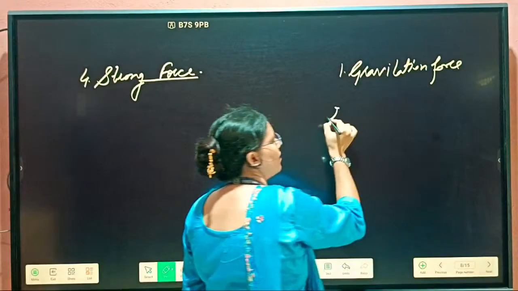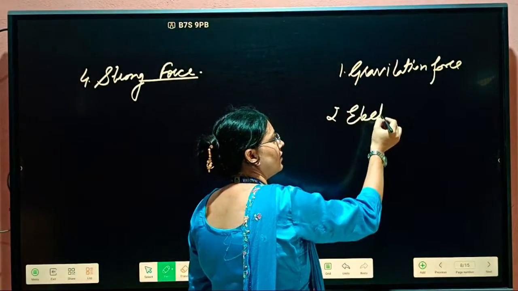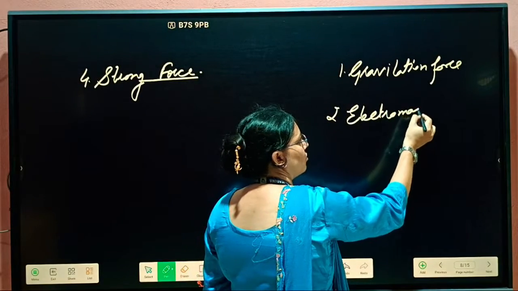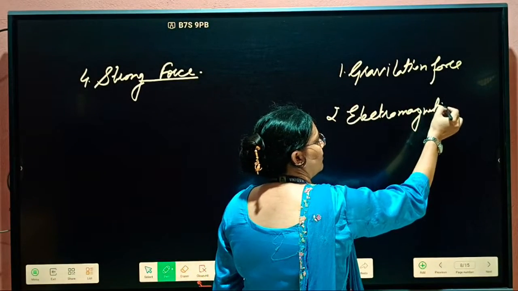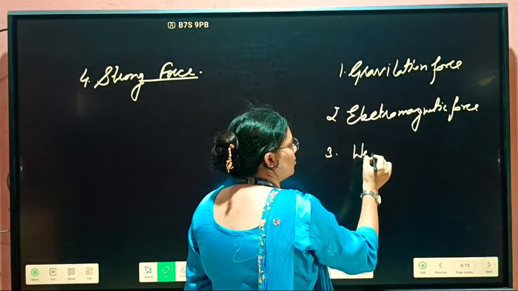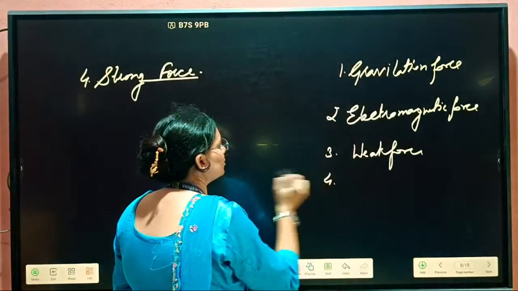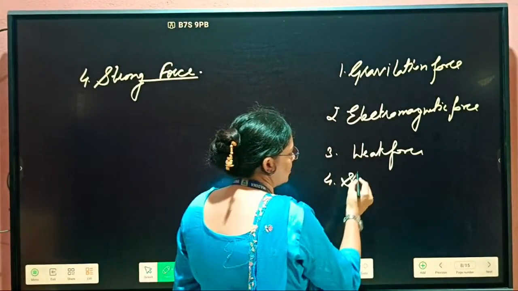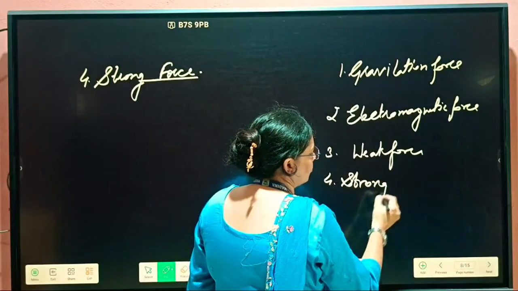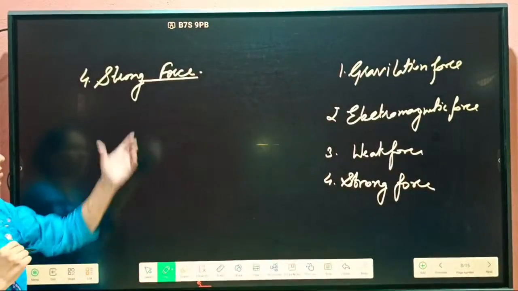Next we did electromagnetic force. The third one, I told you beta, is the weak force. And your last one, the fourth one, is the strong force. Okay, now we will discuss this strong force.